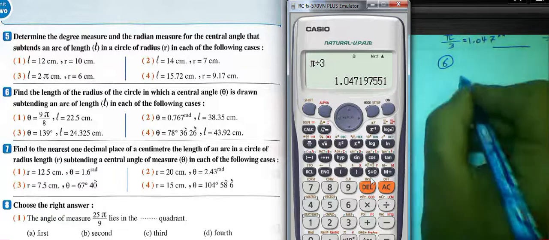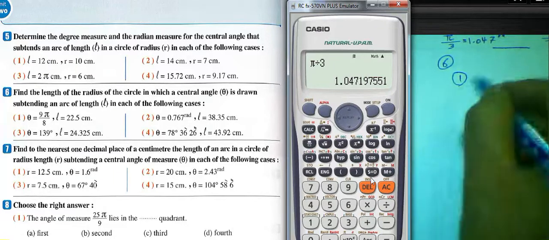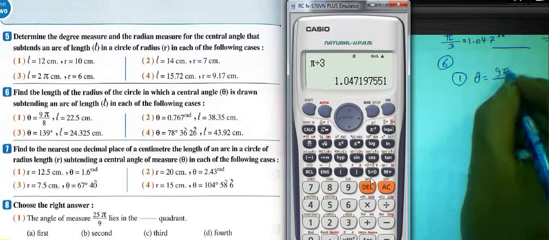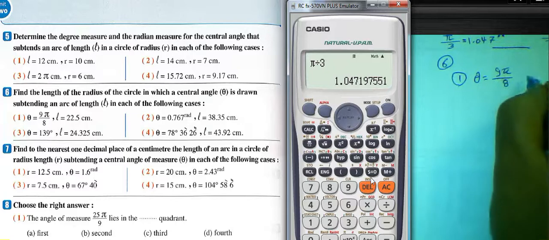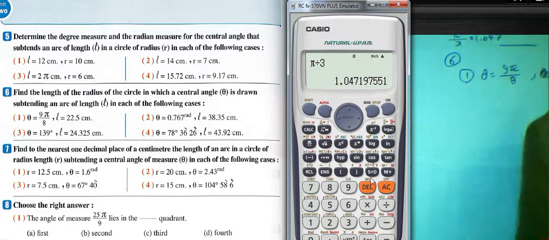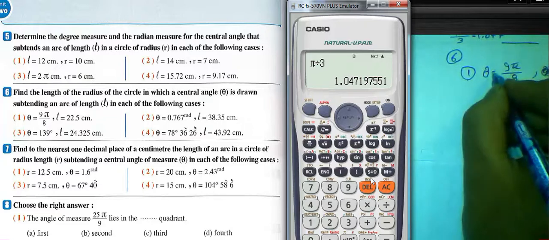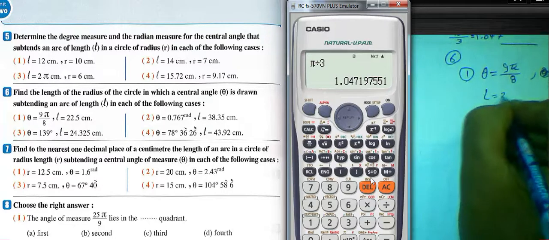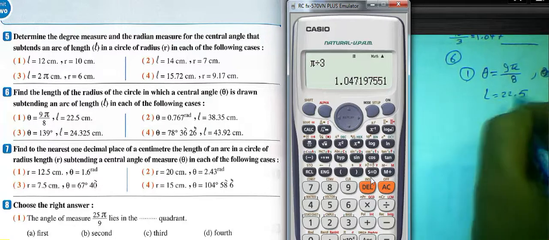Number 1, theta equals 9 pi over 8, and L equals 22.5 centimeter.